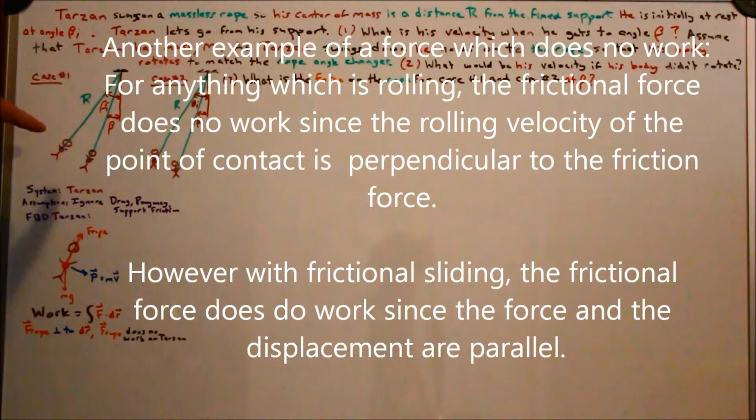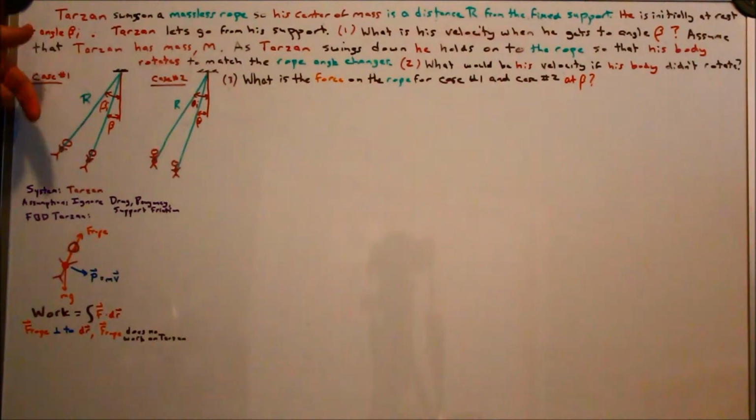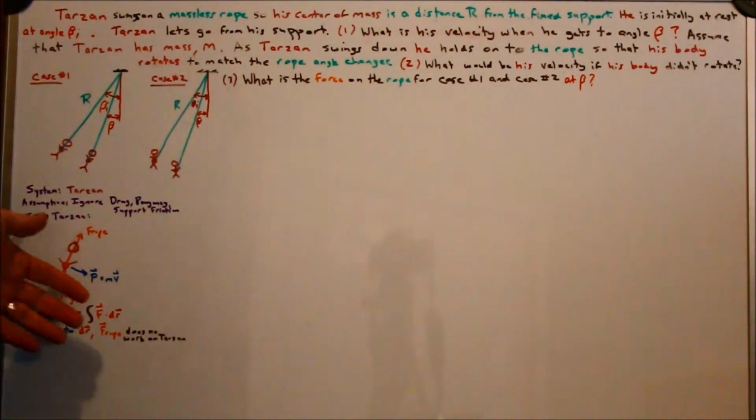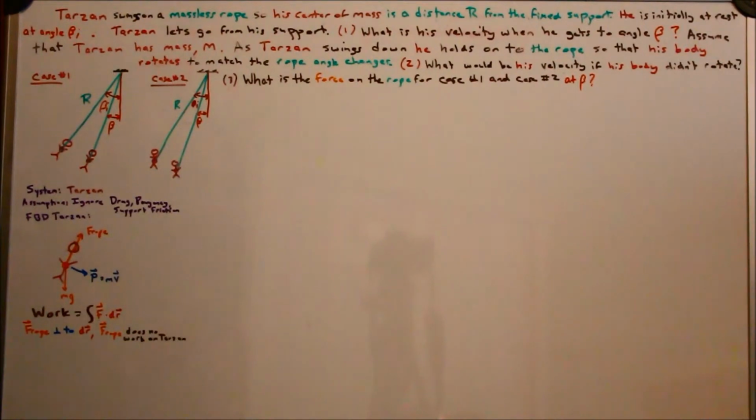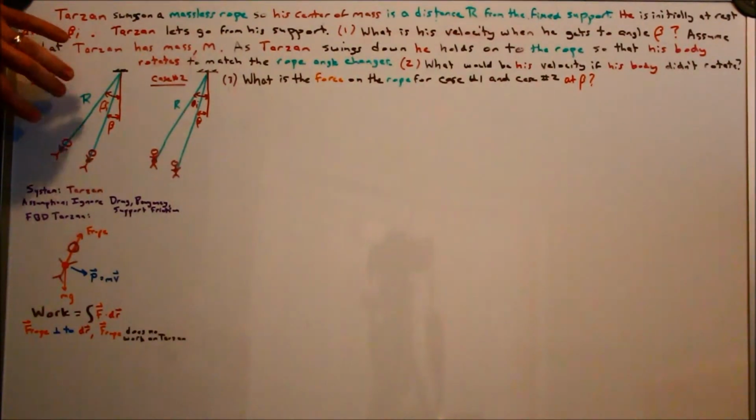So there are many cases where forces are acting, but because the motion is perpendicular to that force, there's no work done. So I don't need to worry about that rope force as far as work being done.